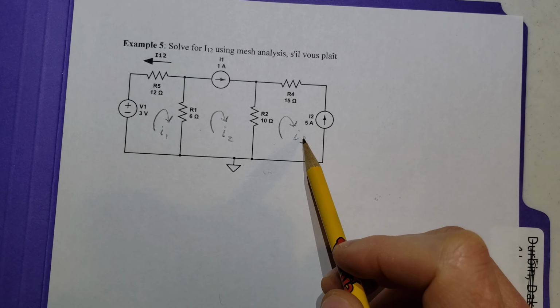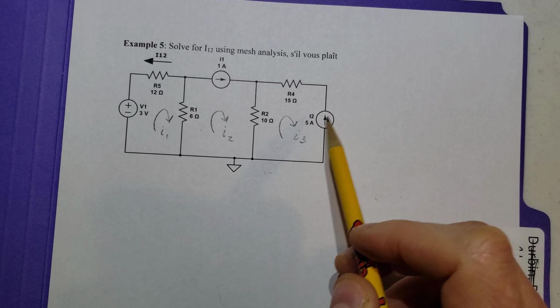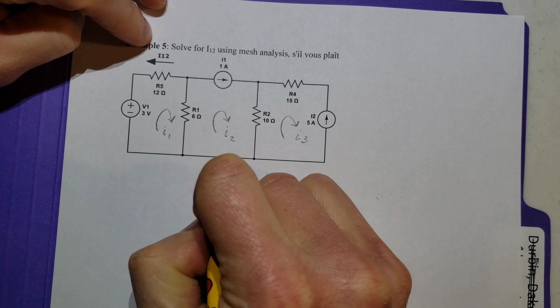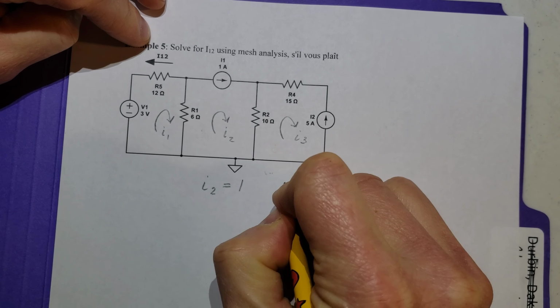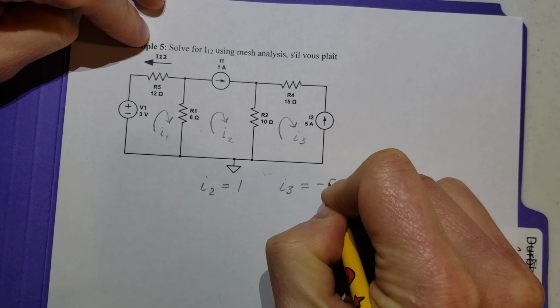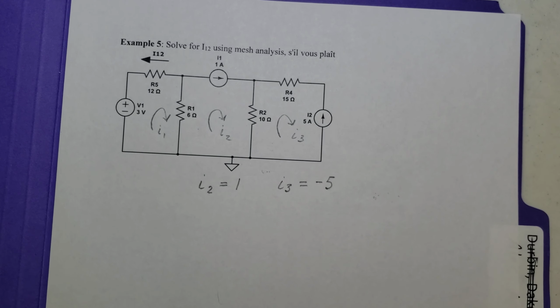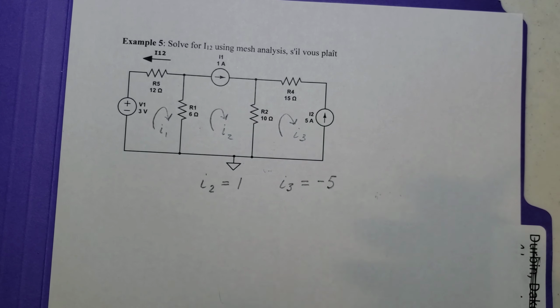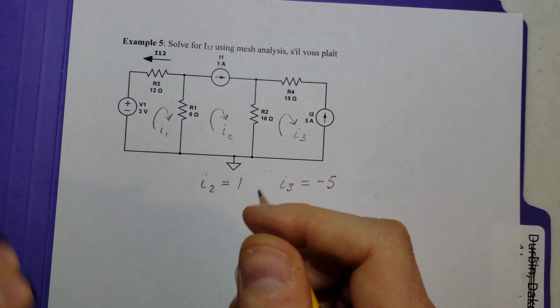So we've got the answer to I3 directly. Now the 5 amps is going in a different direction. But now we can say I2 is just going to be equal to 1. And I3 is just going to be equal to -5. Bonus. So we have these currents directly by inspection.